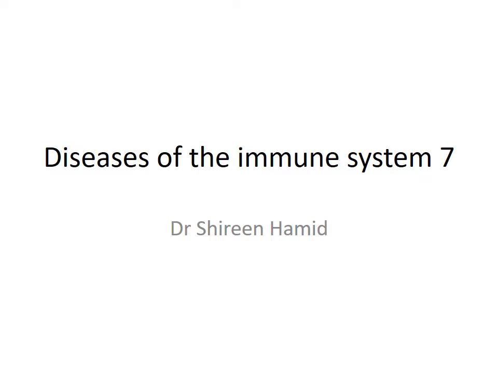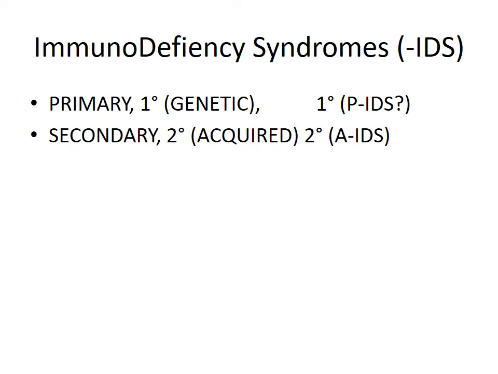Diseases of the immune system, we are going to discuss immunodeficiency syndromes. Immunodeficiency syndromes are divided into primary and secondary. Primary are primarily genetic and hereditary, and they manifest within the first 2 years of life as maternal antibody production is lost.